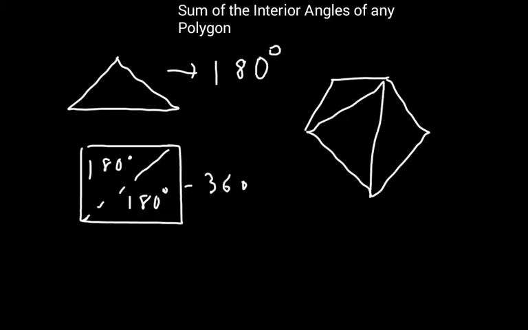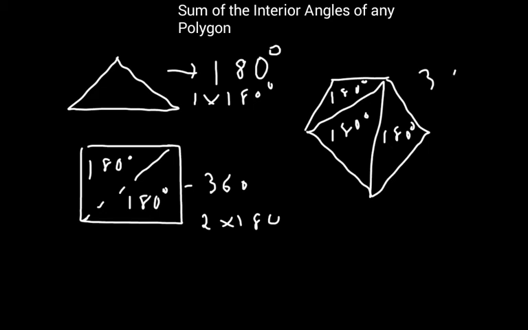And the answer is 3. So here's a 180, here's a 180, and here's a 180. So that's 3 times 180. This is 1 times 180, 2 times 180, 3 times 180.